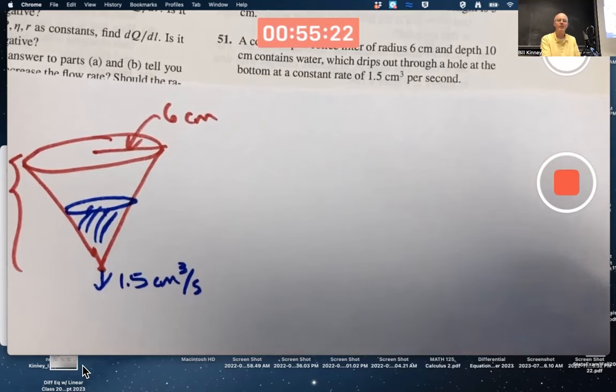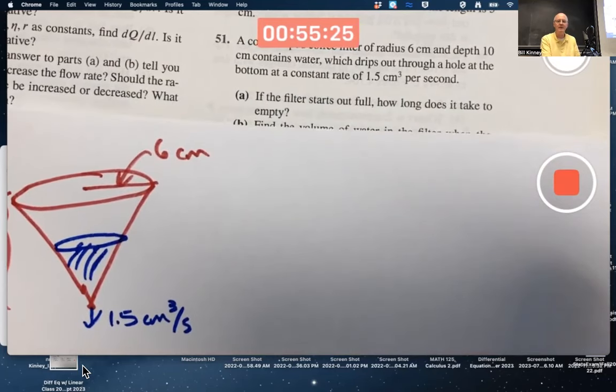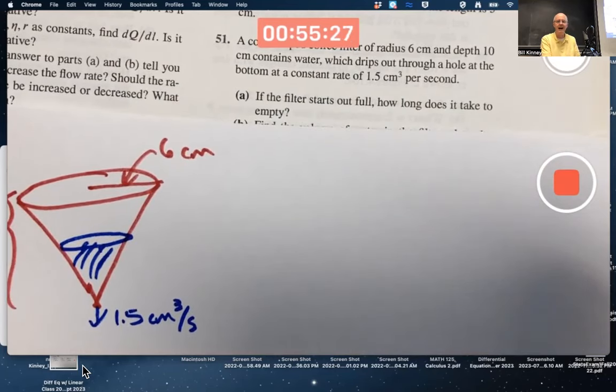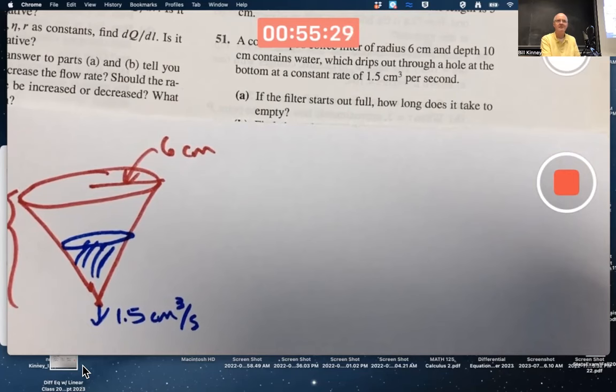Part A, if the filter starts out full, how long does it take to empty? That's not really a calculus problem. Figure out the total volume that would fill this filter in cubic centimeters.